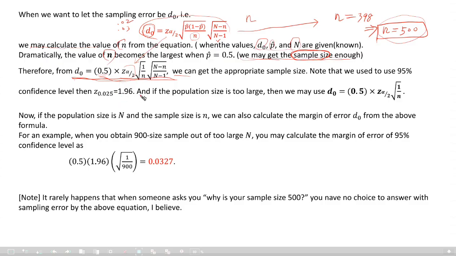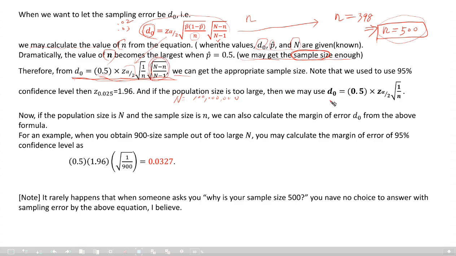This is a reminder. And if the population size is too large, say 100 million, capital N is too large. Then even though the sample size is 1,000 or 10,000, this correction value is close to 1, right? When capital N is 100 million, then we may drop this part.